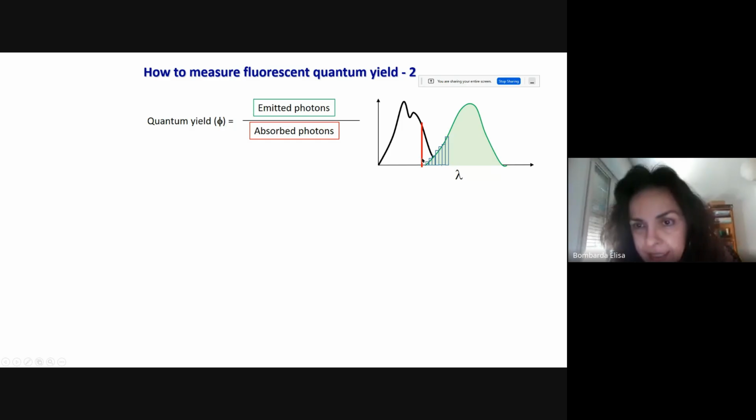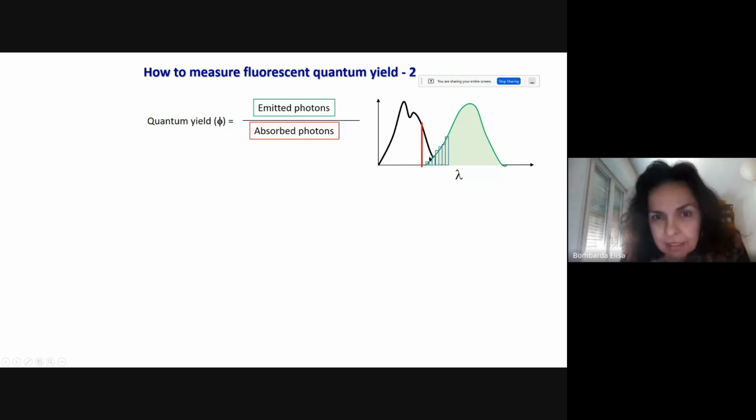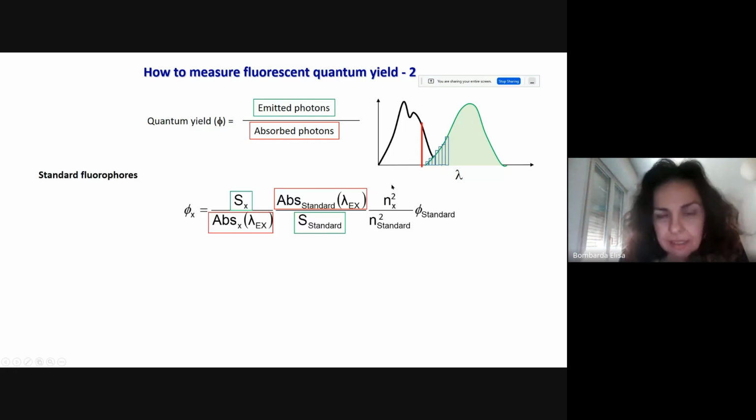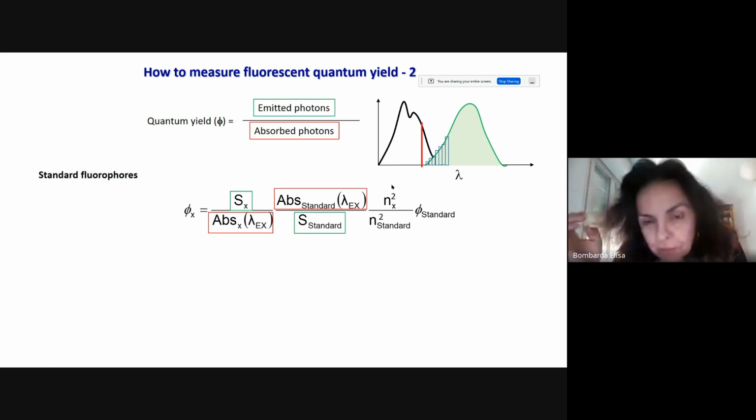It's the intensity of absorbance, that is the absorbance intensity at the wavelength of excitation. And so that is actually the formula that needs to be used for calculating the quantum yield.